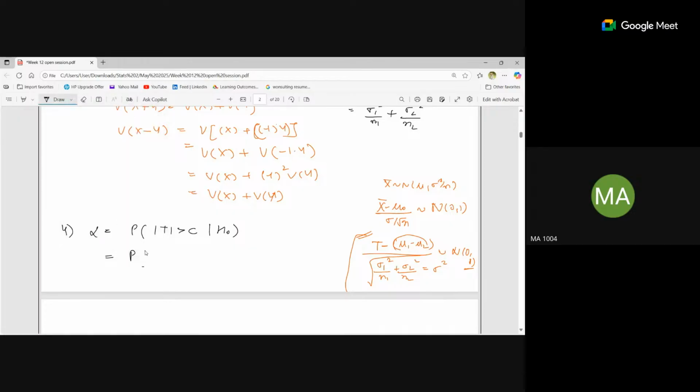Now I have to convert this value into the standard normal variable, right? So what I would be doing is subtracting mu1 minus mu2, divided by the sigma value, which is this sigma square, greater than c minus mu1 minus mu2 divided by the sigma square value, correct?